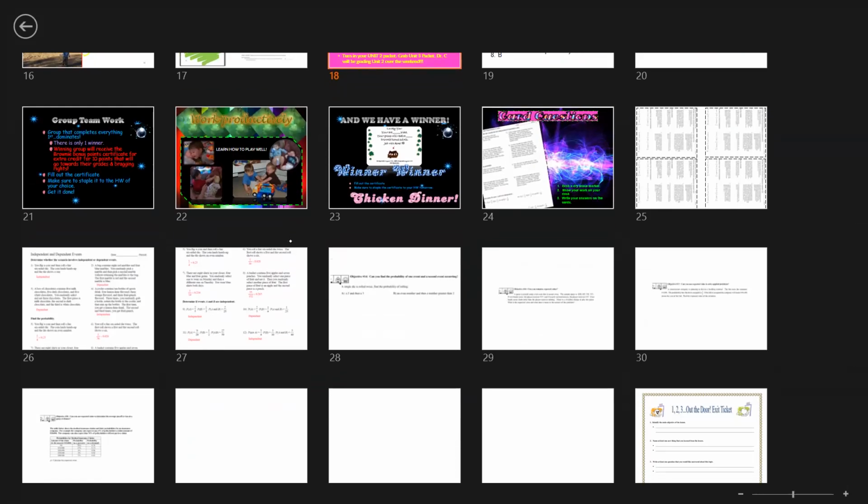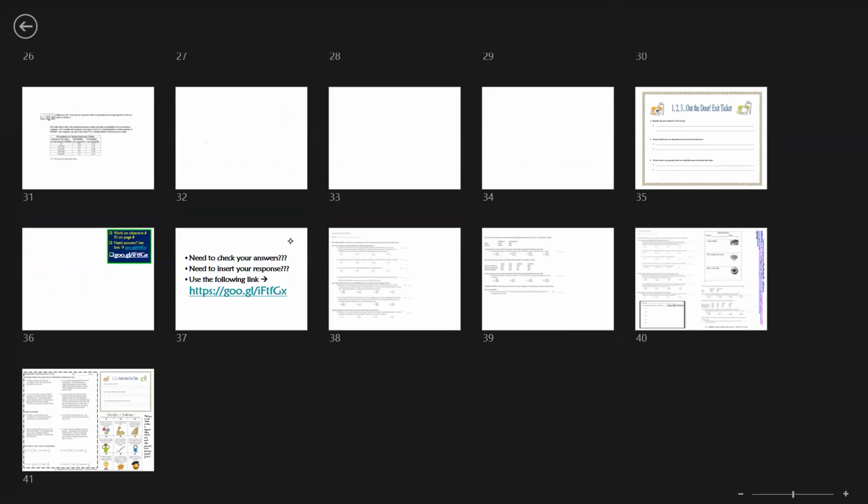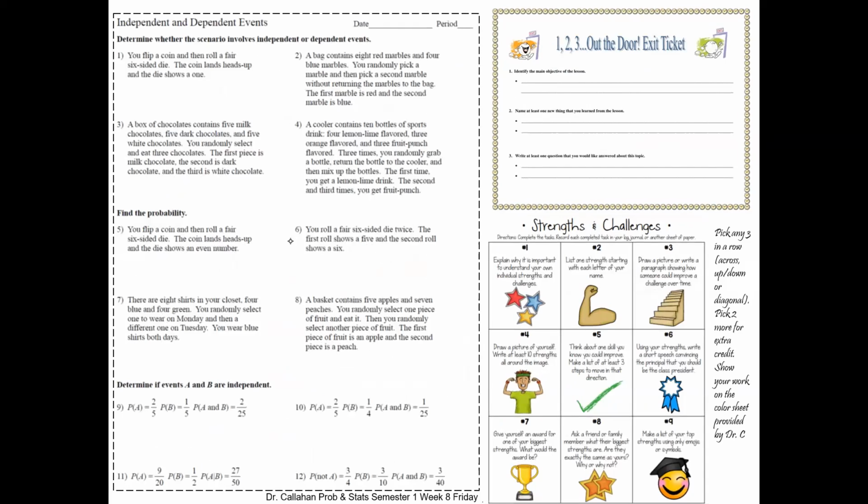Okay, so then what I want you guys to do is the second part of the class after the quiz, you will have this practice on independent and dependent events. There are 12 questions. And then remember, independent means that there is no effect. So there is no reliance.